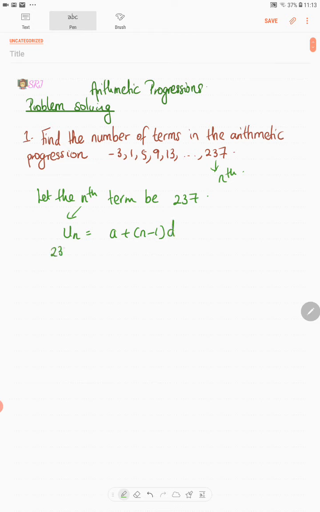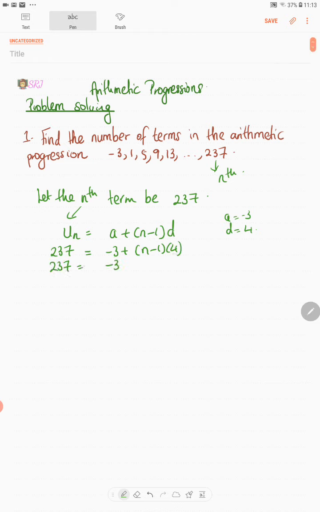So here we have 237, which is equal to the first term, which is -3, plus n minus 1 times the common difference, which is 4.